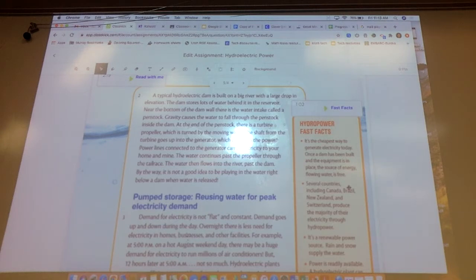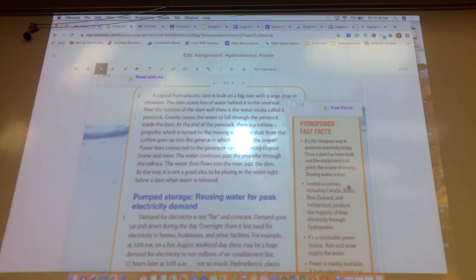Demand for electricity is not flat and consistent. Demand goes up and down during the day. Overnight, there is less need for electricity in homes, businesses, and other facilities. For example, at 5 p.m. on a hot August weekend day, there may be a huge demand for electricity to run millions of air conditioners.